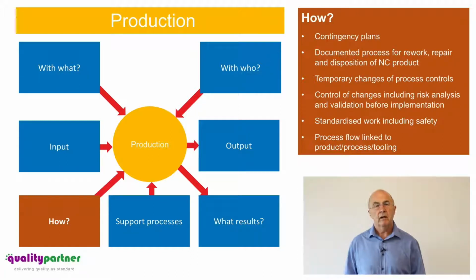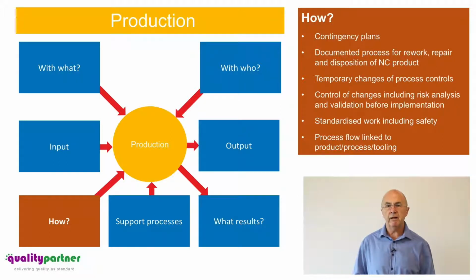Standardised work. To meet the requirements of the old ISO TS 16949, you had to have documented work instructions for the production process. Now we see the term used, standardised work, and within that standardised work, we have to consider operator safety. So although we're talking about a quality management system, we also need to think about the safety of the operator.